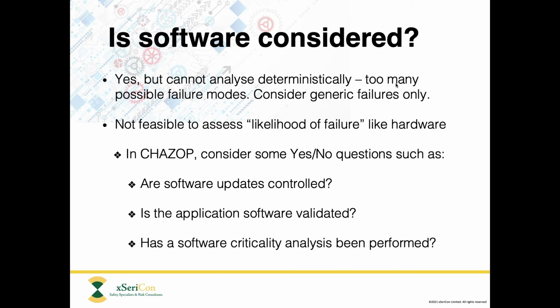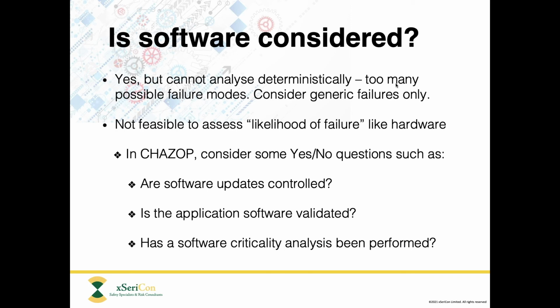So typically then in CHAZOP, the best we can do is to look at some yes-no questions, really to try to confirm that the software is sufficiently robust. And that would be to ask questions like, are the software updates controlled? Is the application software validated? And has a software criticality analysis been performed really to identify how bad could it be if a software failure occurs?